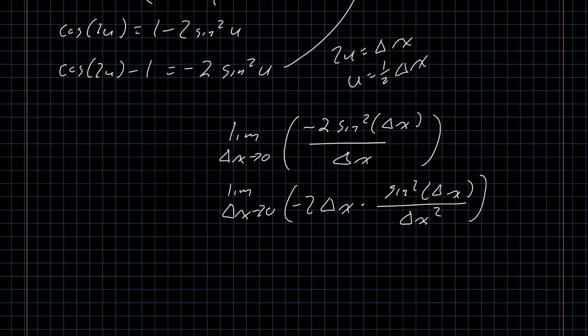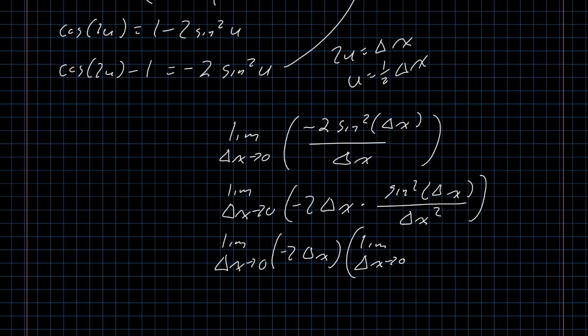And the reason that I did that is that I can use the properties of products and quotients to split this up as the limit as delta x goes to 0 of negative 2 delta x, and the limit as delta x goes to 0 of sine delta x over delta x, the whole thing squared.